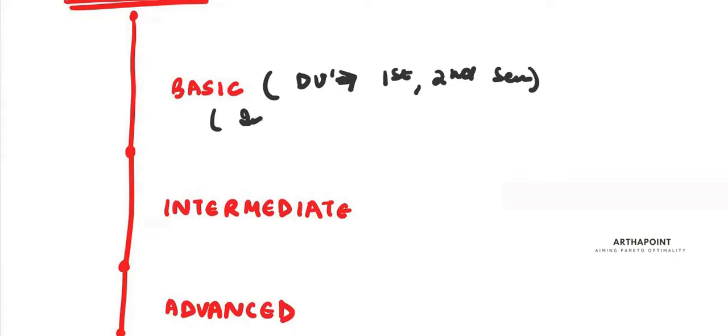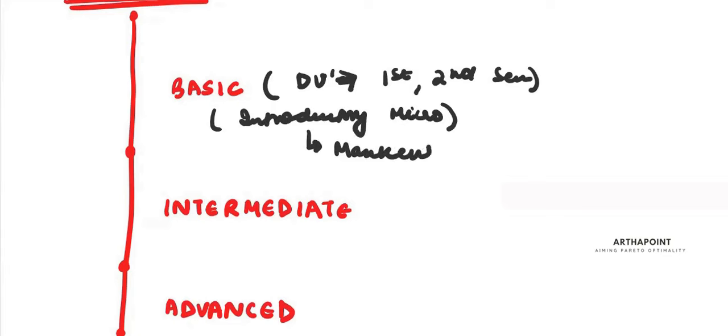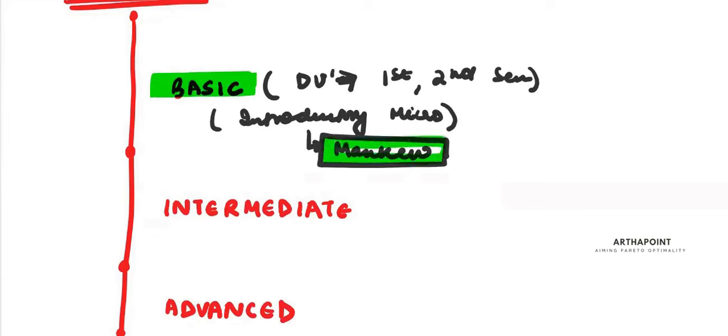So this is called introductory micro. The book for this is Mankiw. These videos are only to set your concepts right. You just have to go through Mankiw, and once you understand Mankiw, you'll understand what lies ahead in microeconomics.